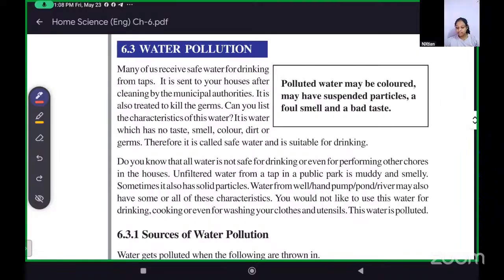And you would not like to use this water for drinking, cooking, or even washing your clothes and utensils because this water is polluted. We don't really use polluted water for anything. Now, the water that comes into our homes, the purification of water, is a process. It is a whole system for the purification of water.